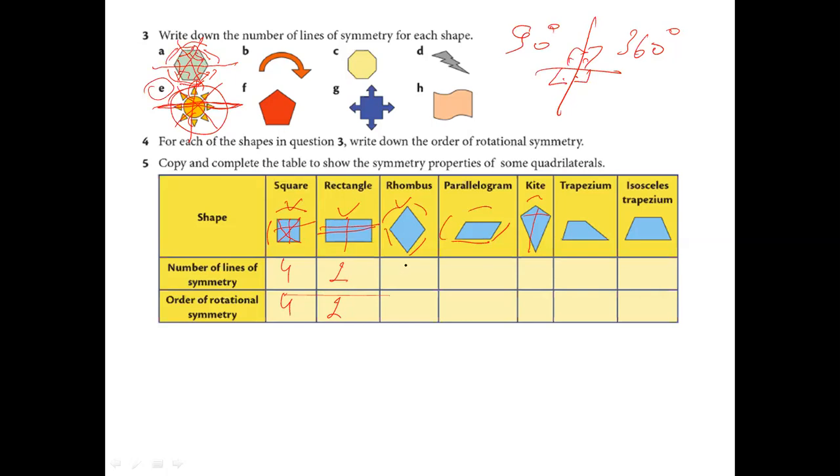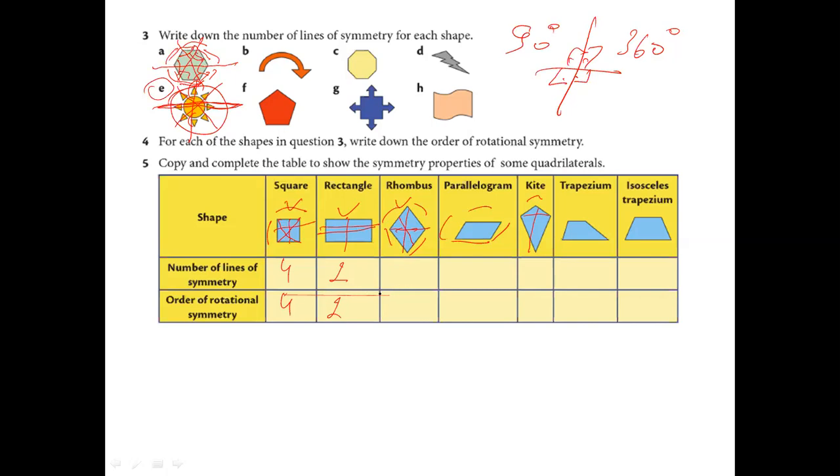You can see again. In a rhombus also, how many lines when you divide it into equal parts? This part and this part are equal. Okay, first, second, equal. Maybe when you fold this part, if the shape is not changing, then you can say it has some number of lines of symmetry.